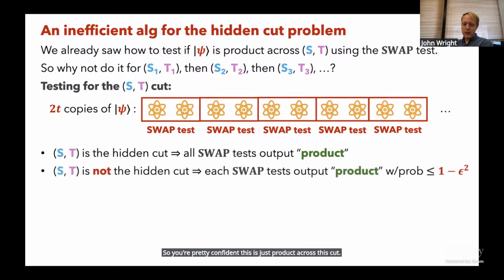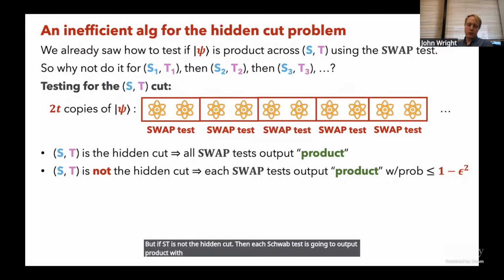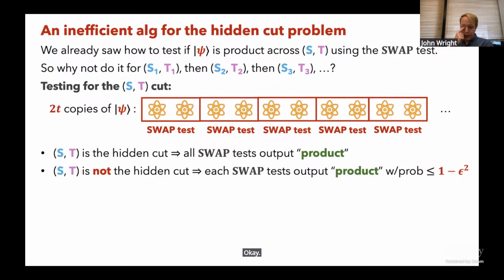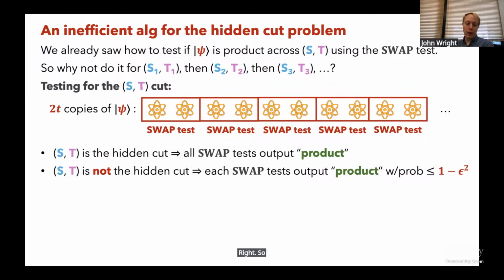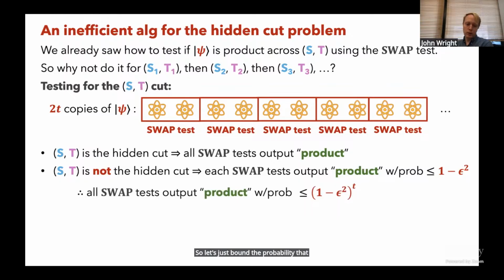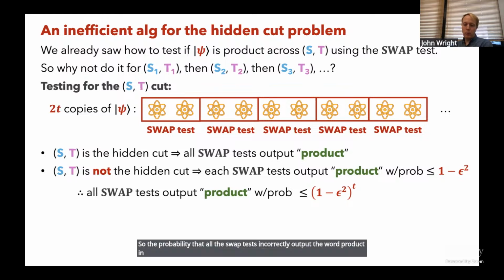But if ST is not the hidden cut, then each swap test is going to output product with probability at most 1 minus epsilon squared. Okay. And so, if just a single one of these does not output product, then you're not looking at the right cut, right? So let's just bound the probability that they all incorrectly output product. So the probability that all the swap tests incorrectly output the word product in this case is at most 1 minus epsilon squared to the t.